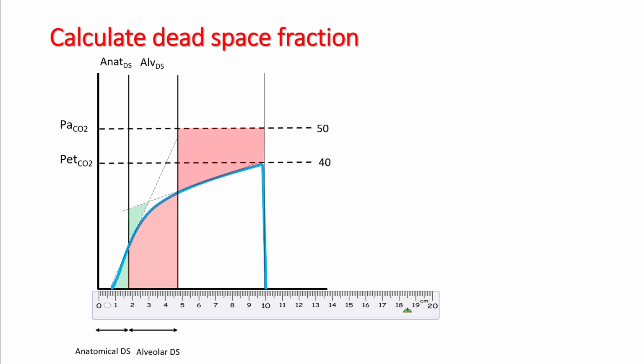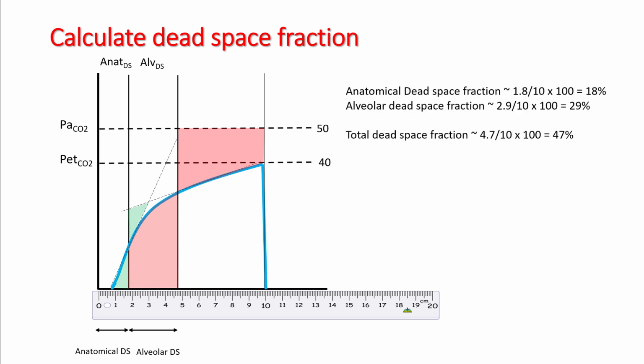And if you measure it out, you should be able to calculate your anatomical dead space fraction as this distance, that is 1.8 centimeter, divided by total of 10 centimeter, that is 18%, and the alveolar dead space will be this distance divided by total distance, and the total dead space fraction will be equal to this distance divided by the total distance.